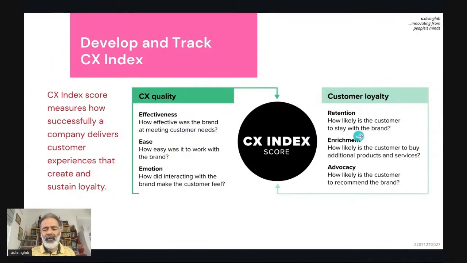So these are the main variables. Then what will be the loyalty side? Retention. How likely is the customer to stay with the brand? So these are the results. Whether the customer will stay with your brand for the next buy, the next product, or keep the existing product. One of the biggest problems, or one of the failures of a brand, is if the customer buys the brand and does not use it.